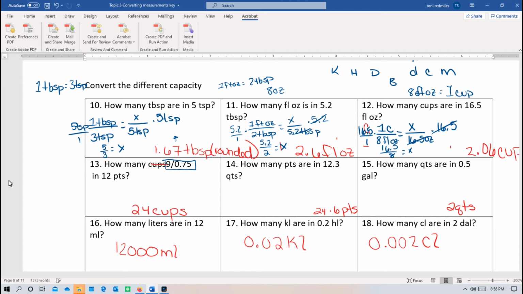Well, I know that 2 cups equal 1 pint. Okay, so I need to know cups. Let's put 2 on top, 1 on the bottom, and I have my 12 pints over x. Multiply both sides by the 12, which is going to give me 24 over 1 equals x. That would leave 24 cups.